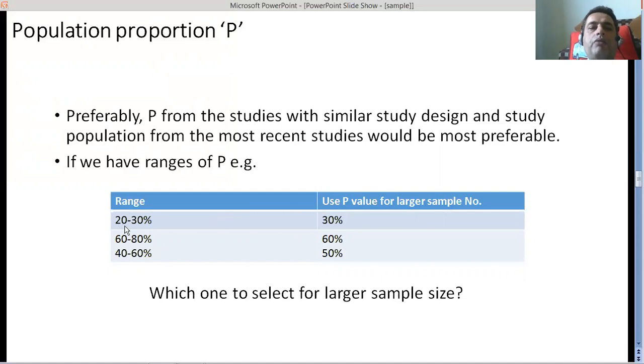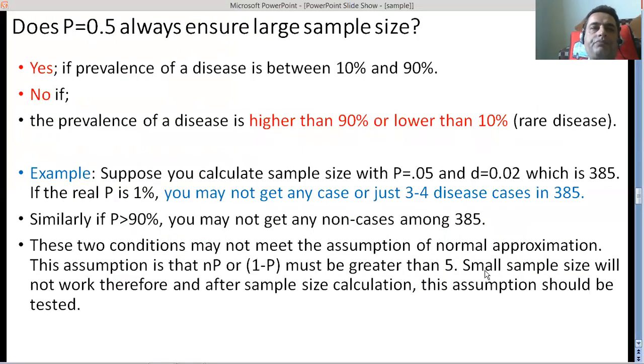So when the range is from 20 to 30%, you select 30%, which will give you a larger sample size. Similarly, if the range is from 60 to 80%, you go for 60%. If it is from 40 to 60%, then you go for 50%, and that can ensure a larger sample size.